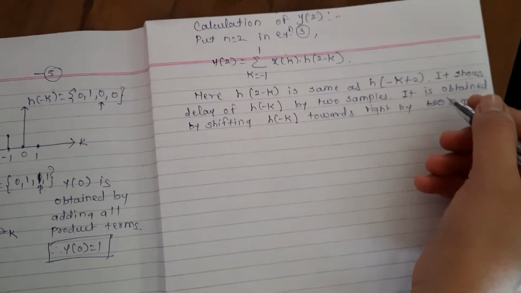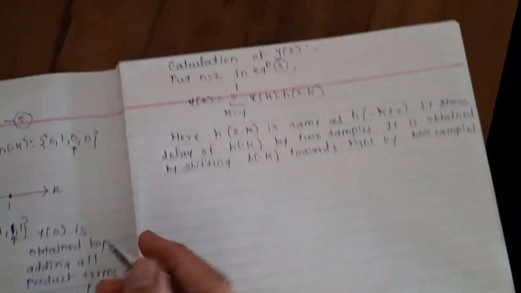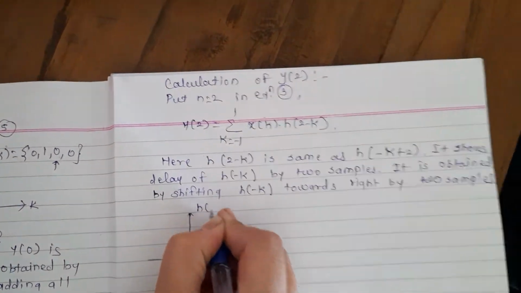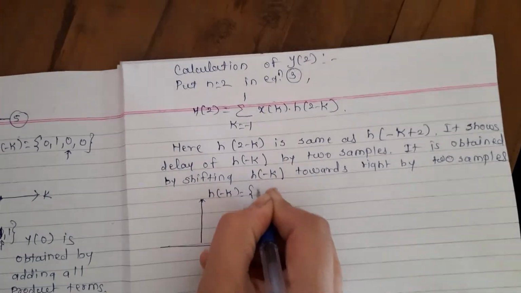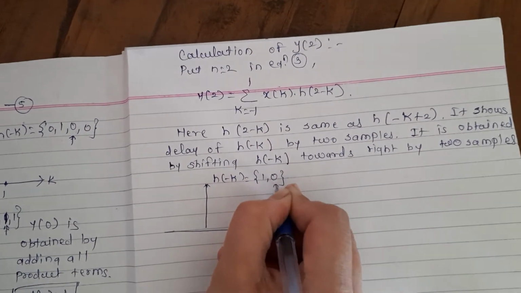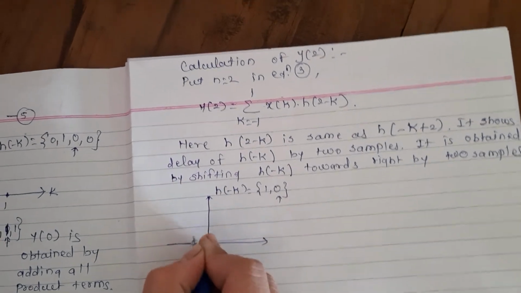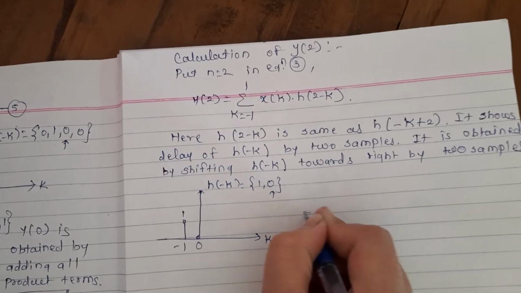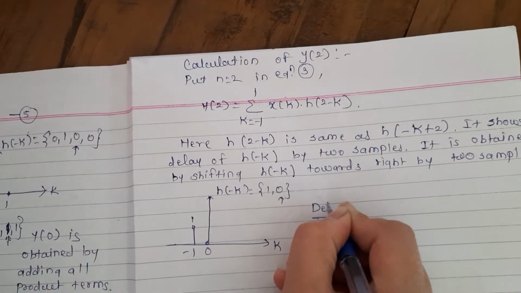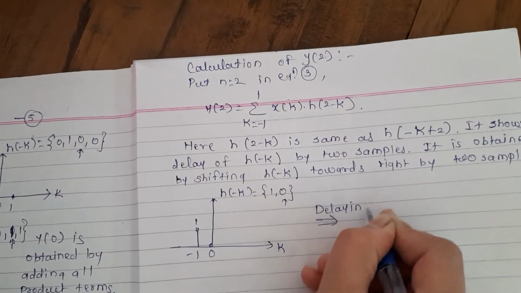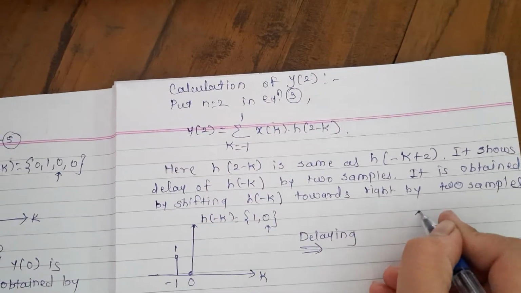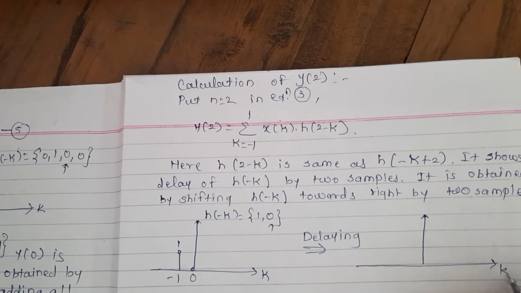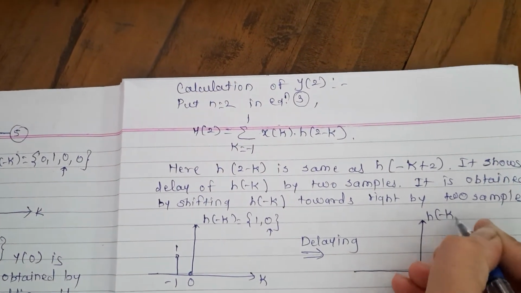Now we have to draw the sequence for h of minus k plus 2. So first we draw for h of minus k. This is delaying. This is h of minus k plus 2.